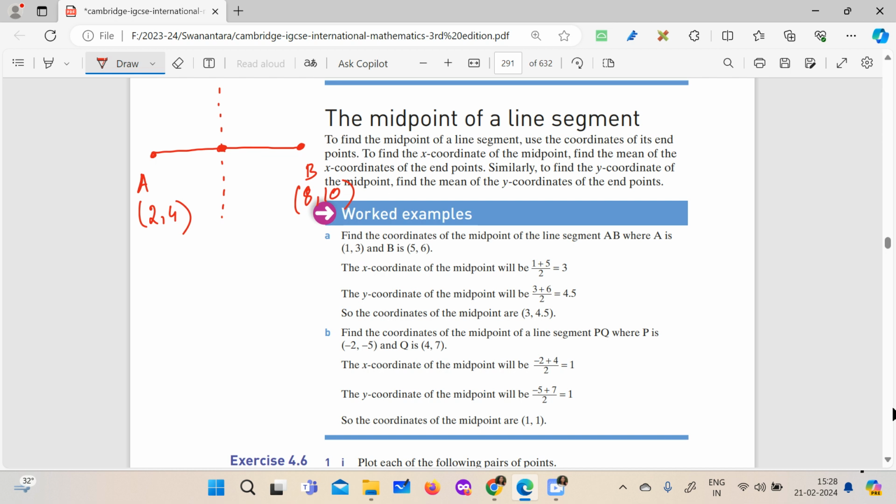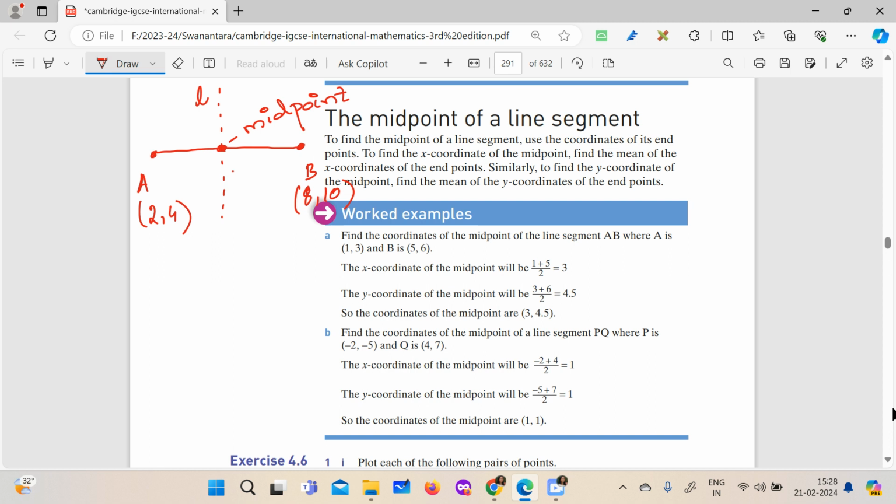As I said, the word perpendicular bisector means it is dividing the whole line into two equal parts. Two equal parts means this is the midpoint. Am I right? Yes. So to know through which coordinates this line L is passing, we have to calculate the midpoint.